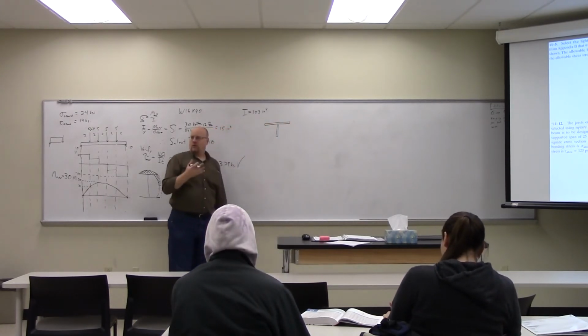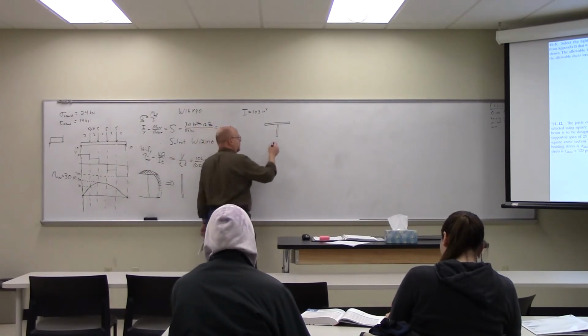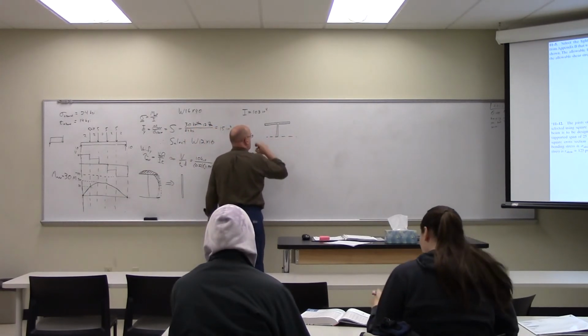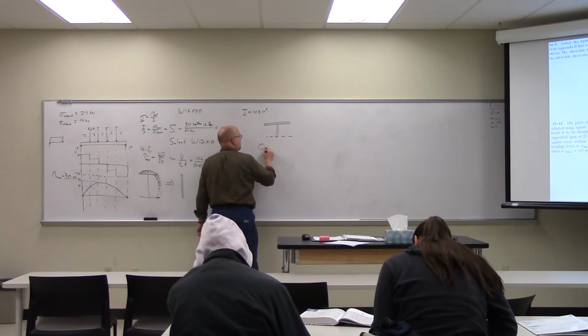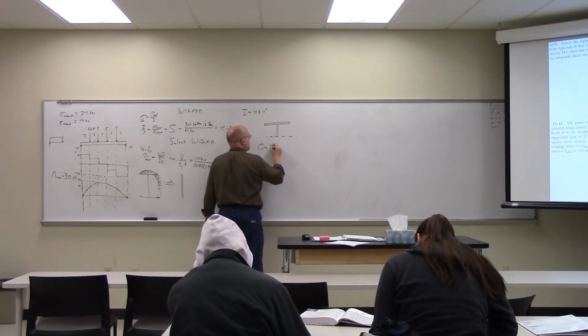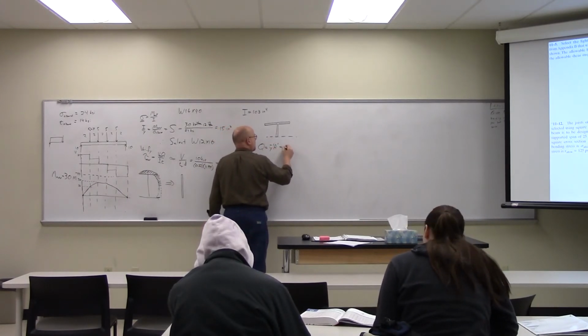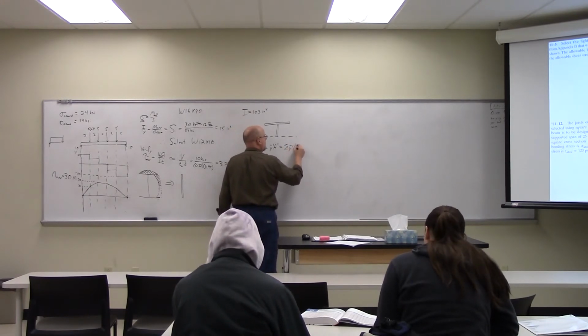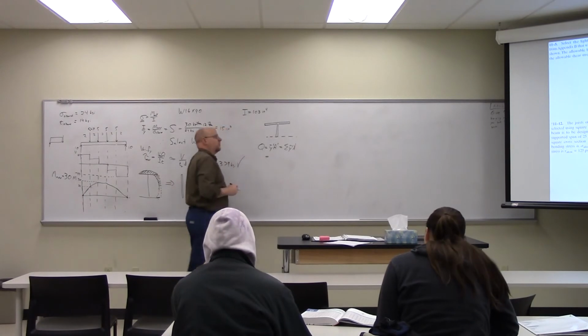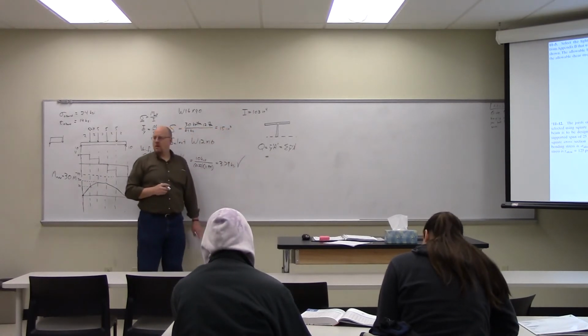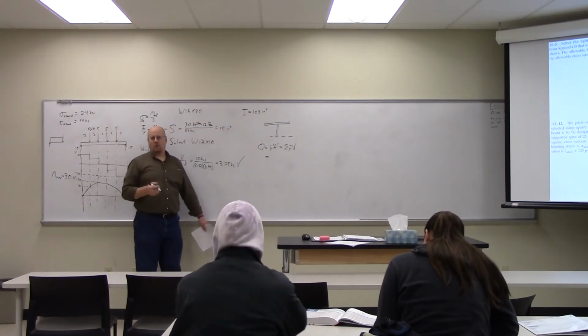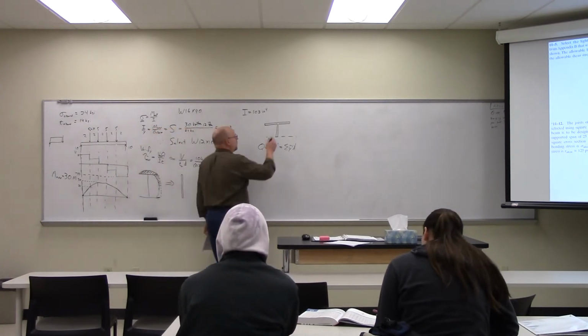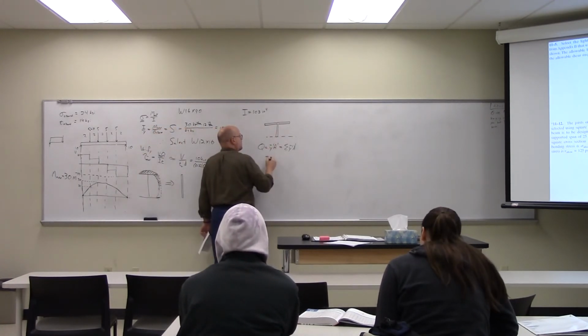Okay, there's the area above the neutral axis. So what's Q going to be? Right, the sum of the pieces. How many pieces do I have? Probably do it as 2 pieces. Okay, let's break it apart right here.